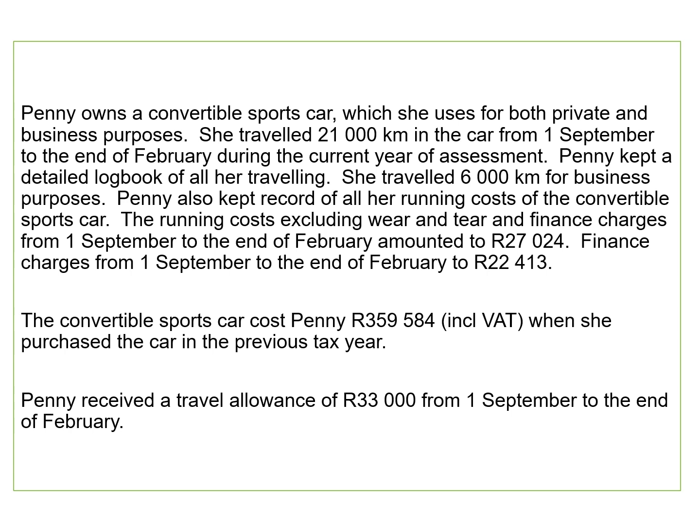The convertible sports car cost Penny 359,584 Rand, including VAT, when she purchased the car the previous tax year, and Penny received a travel allowance of 33,000 Rand from 1 September to the end of February.